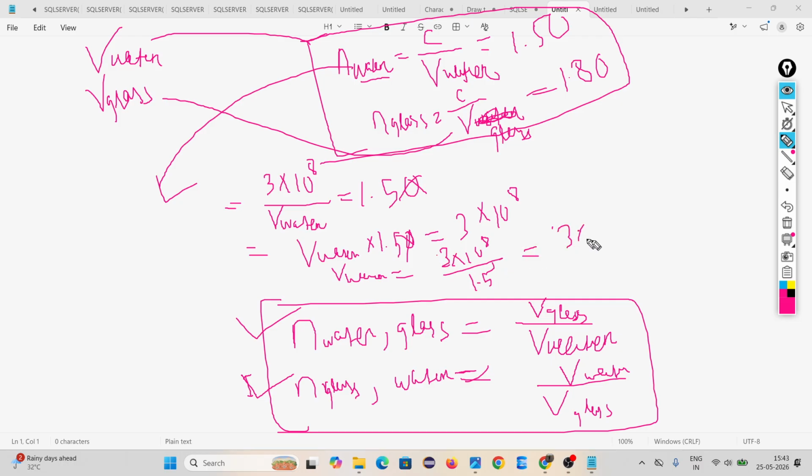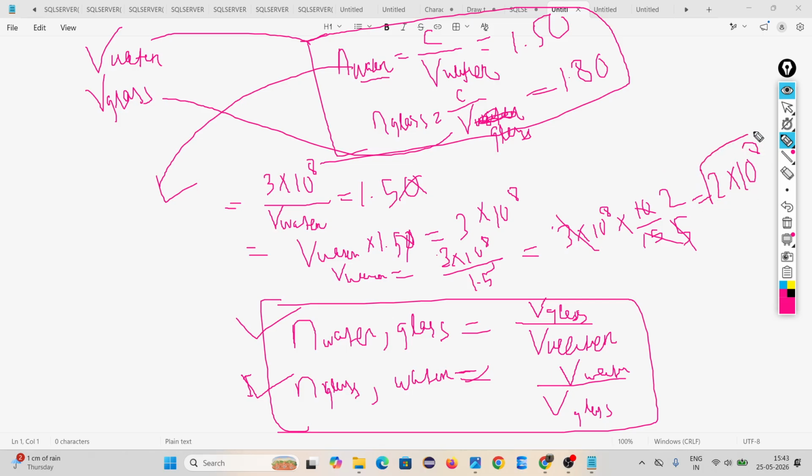3 into 10 to the power 8 into 10 upon 15. 3, 5 are 15; 5, 2 are 10. Equal to 2 into 10 to the power 8.